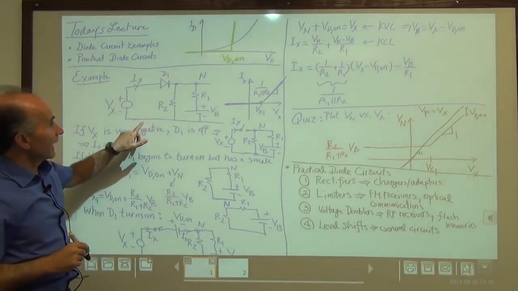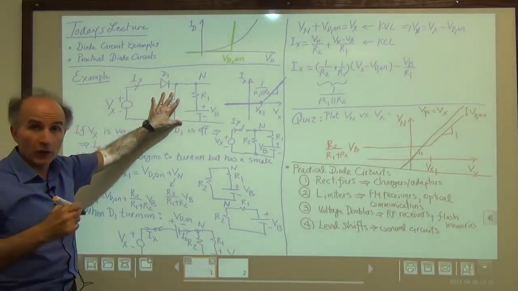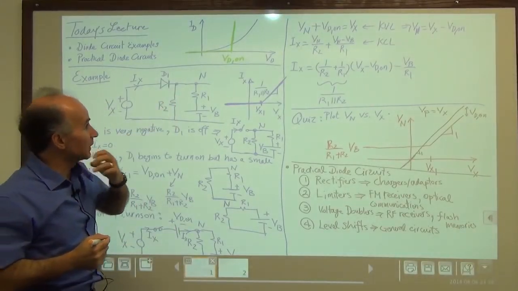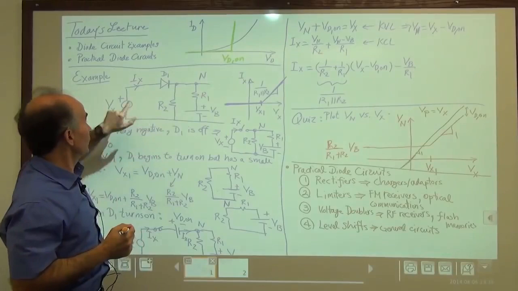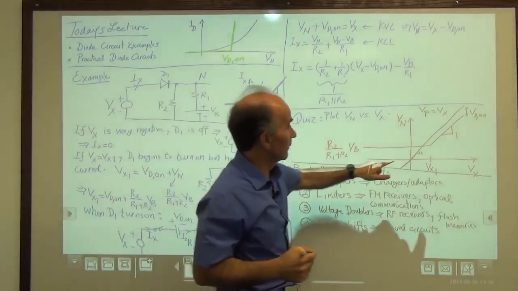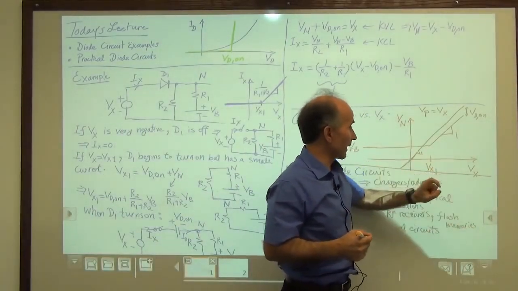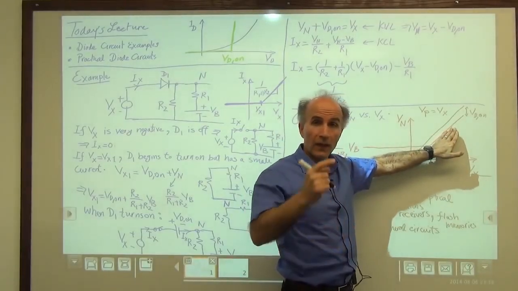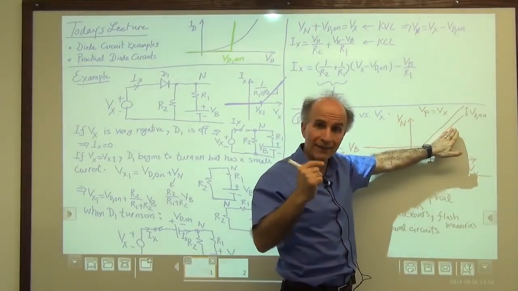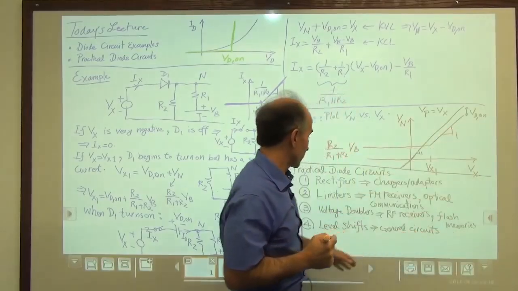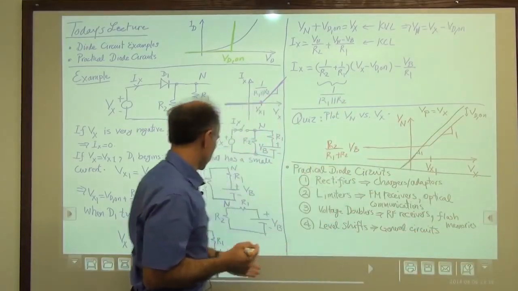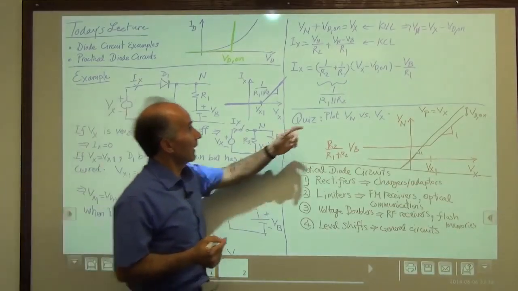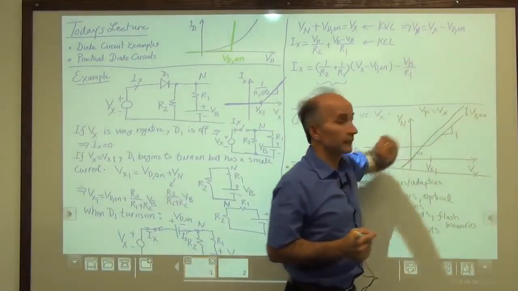Well, do you remember that after we solved the circuit when the diode had turned on, we saw that when we look at Vn as a function of Vx, Vn happens to be equal to the input minus Vd on? Right? That's what we found for Vn. Vn was equal to Vx minus Vd on, as we found here.